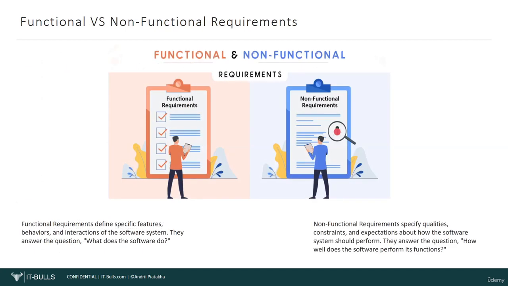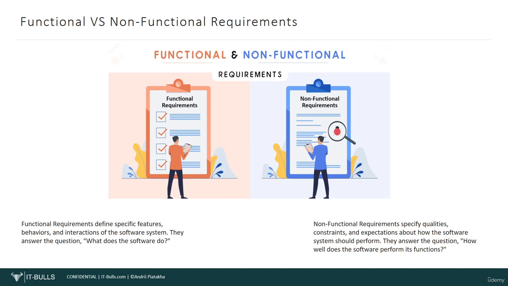So, answering what is the difference between functional and non-functional requirements, I can summarize everything like this. Functional requirements define specific features, behaviors, and interactions of the software system. They answer the question, what does the software do? Non-functional requirements specify qualities, constraints, and expectations about how the software system should perform.